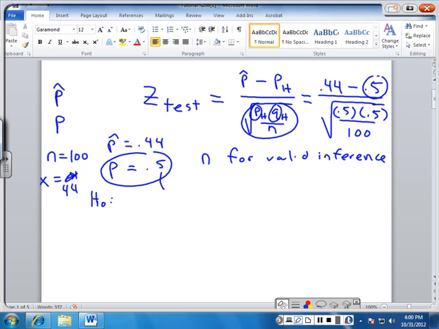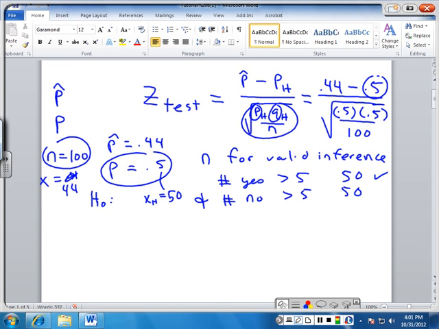And if we had 50% of our sample of 500 saying yes, this would be 250. So if our sample size is 100 and p is 0.5, we will be saying that we have at least 50 people say yes. So n for valid inference: the number of yes must be greater than 5. In this case, it's 50, so we're okay. And the number of no would also have to be greater than 5. In this case, that's 50. We're good.